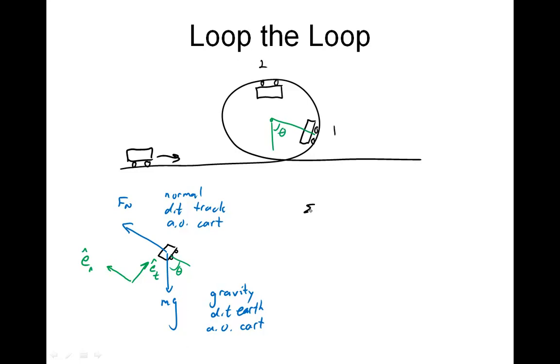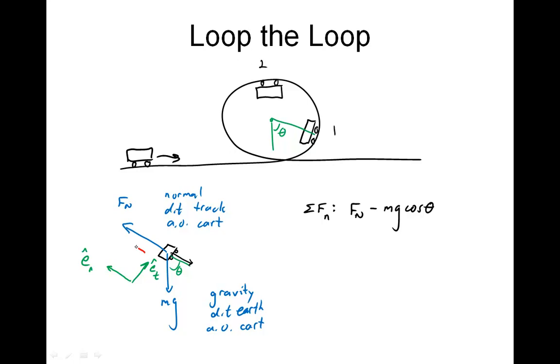And so when I do the sum of the forces, I'm going to have the sum of the forces in the normal direction. And in that case, I'm going to have F normal minus mg cosine theta, because this is the component of gravity along the normal unit vector, but it's in the opposite direction of E normal, so that's the minus sign.